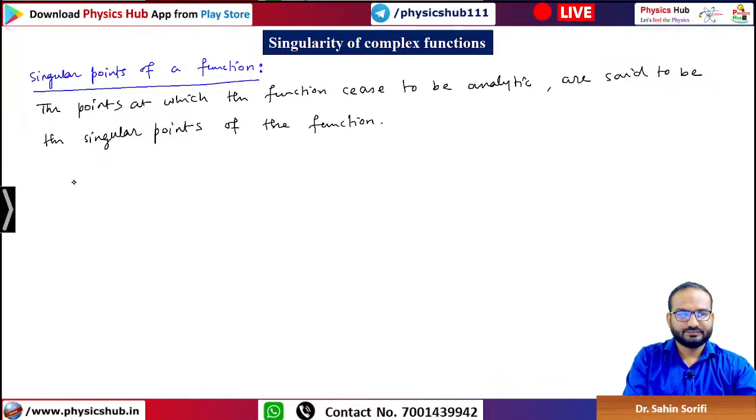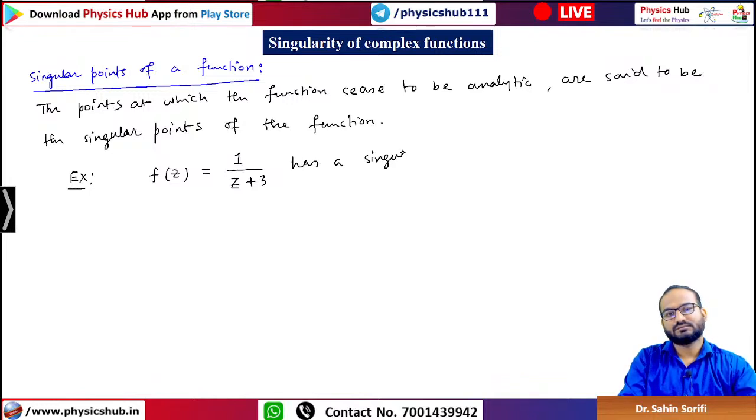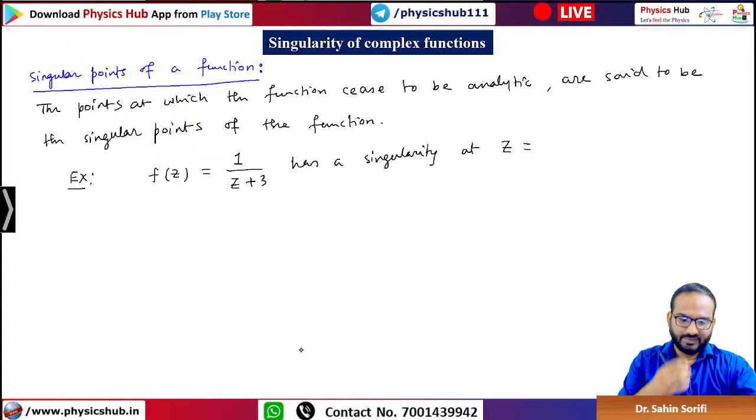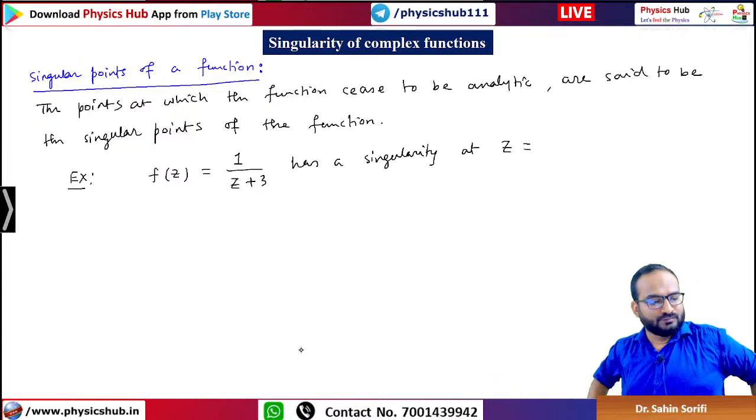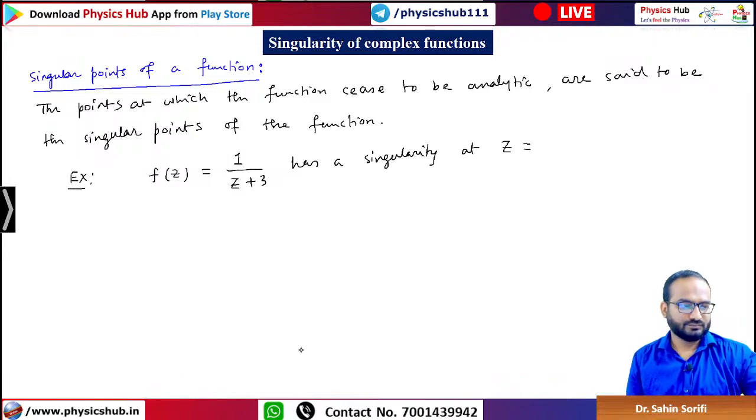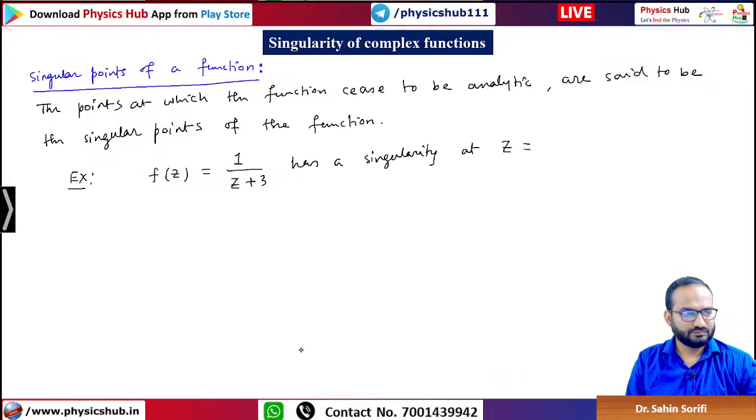Simple example: if you take f of z equals 1 by z plus 3, it has a singularity at z equals, tell me quickly, minus 3.